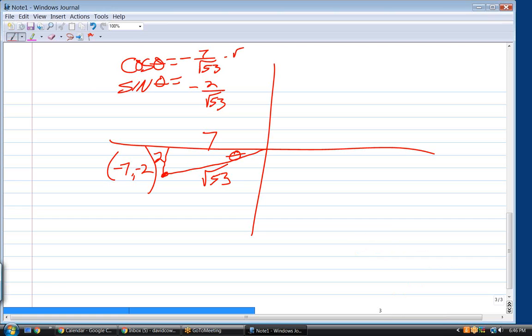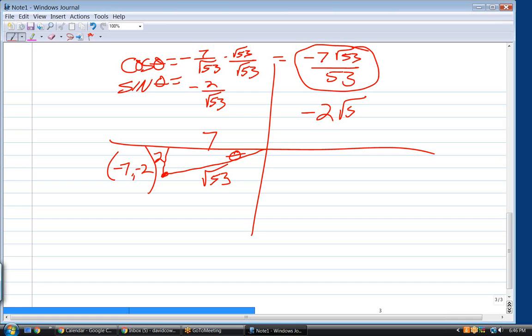In other words, you can't multiply the bottom by that unless you multiply the top by that. Okay, and then that's going to give you minus 7 root 53 over 53. So there's the cosine. This one's going to become minus 2 root 53 over 53.